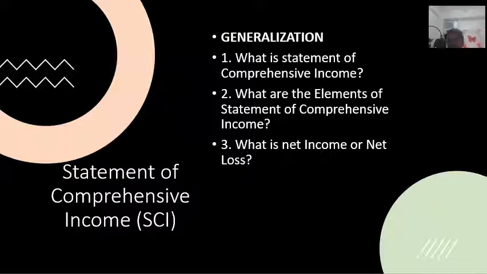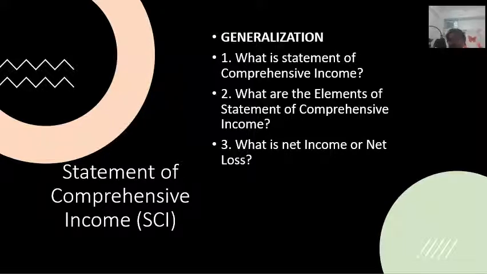No? So, kailangan nakikita mo yung figures kung kumikita o enough ba yung kinikita ng company. So, kung hindi enough, di dagdagan mo pa ng effort to increase yung revenue at saka i-minimize yung expenses para kumita yung business. Number 2, what are the elements of statement of comprehensive income? Of course, it is revenue and expense. Diba?